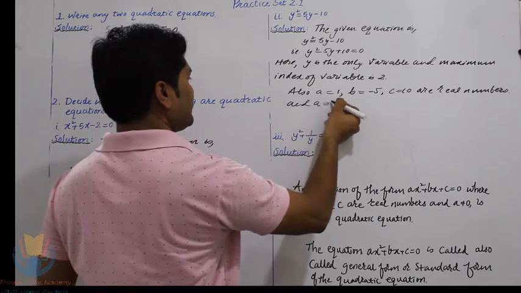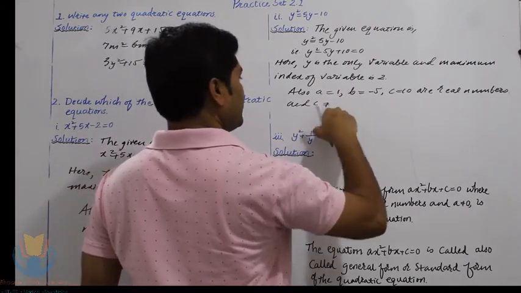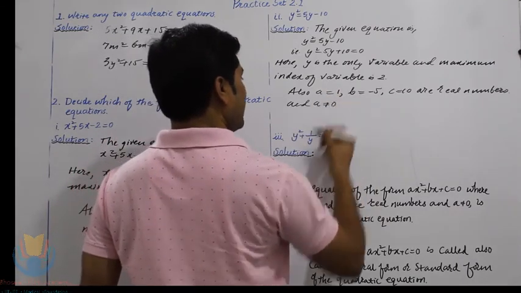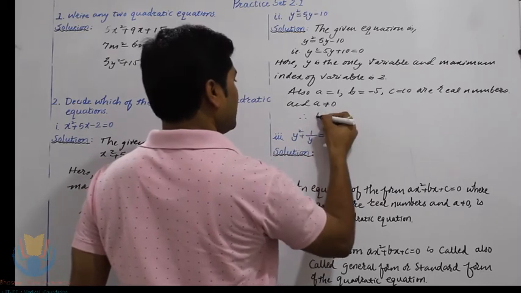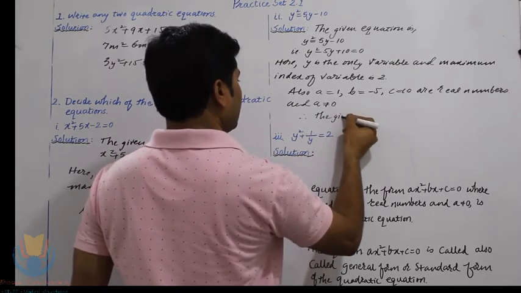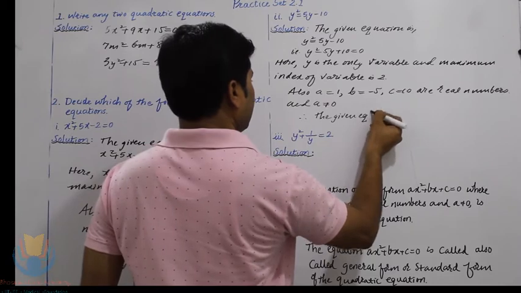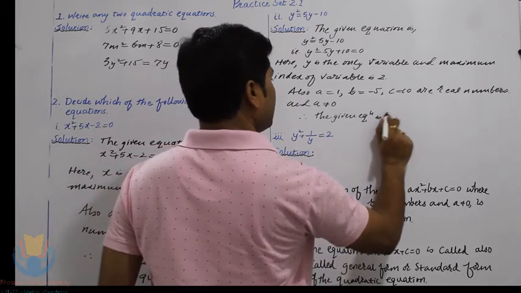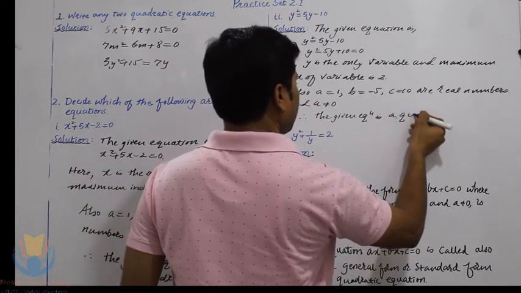And here this a is non-zero, that is we can write it as a is not equal to 0. Therefore the given equation is a quadratic equation.